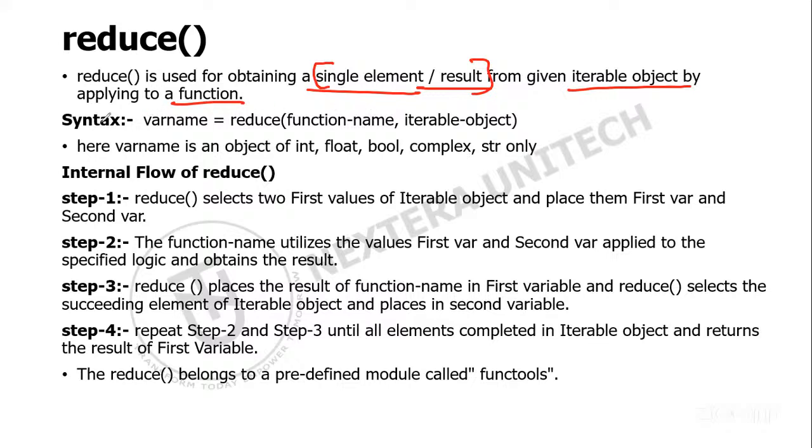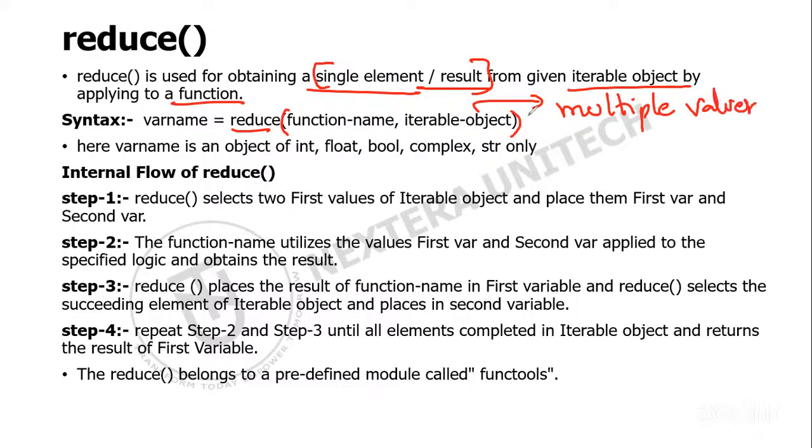If you observe, even the syntax of reduce is also the same. Reduce function of function name, comma, iterable object. Iterable objects are nothing but the objects which contain multiple values, multiple elements.